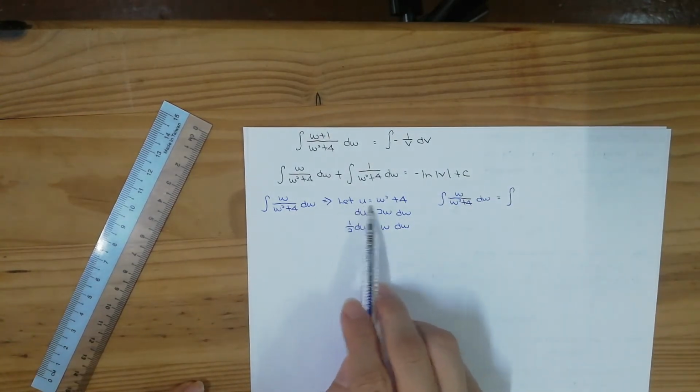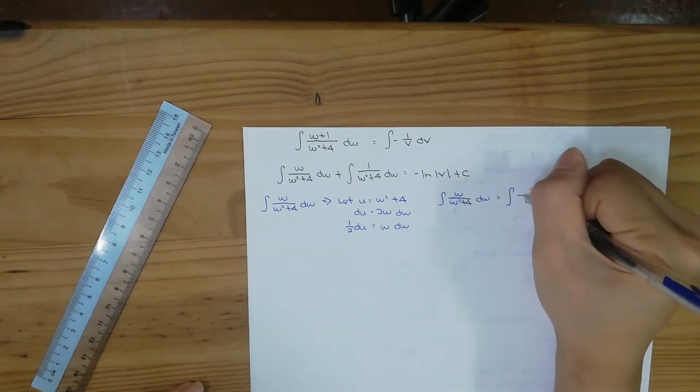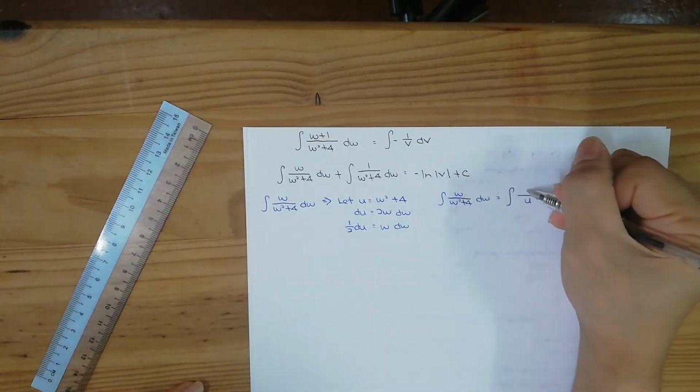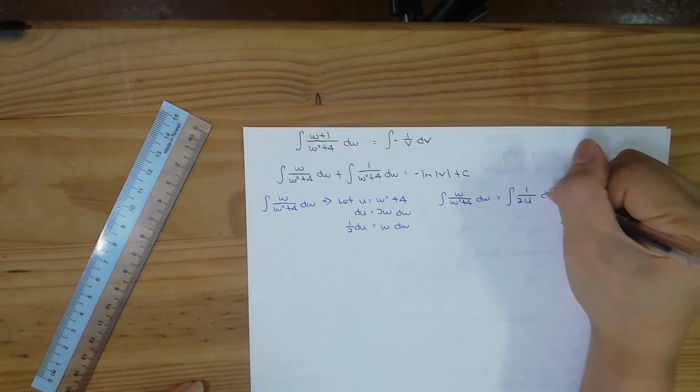So we can now integrate our w over (w squared plus 4) dw, which is also equal to, so we just have to substitute the u, where u is equal to w squared plus 4. Our w dw is 1 over 2 du.